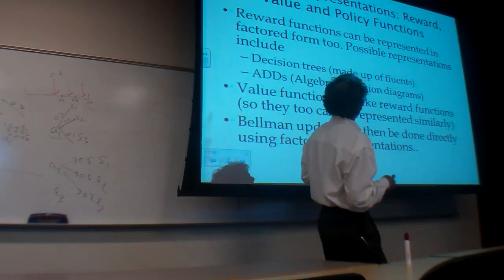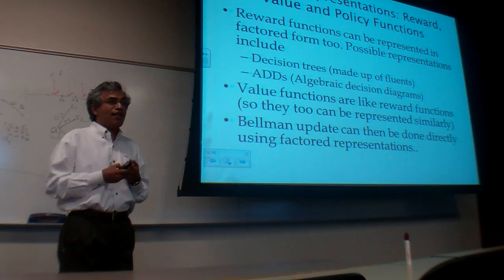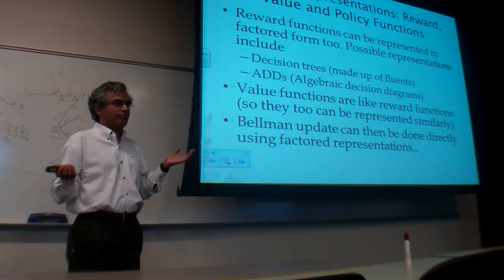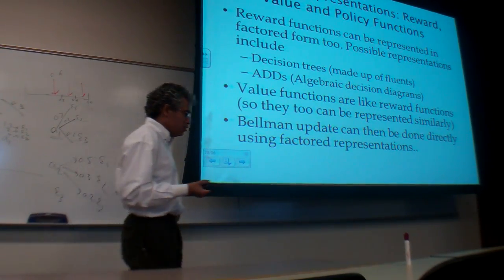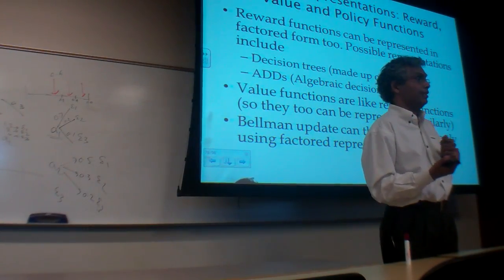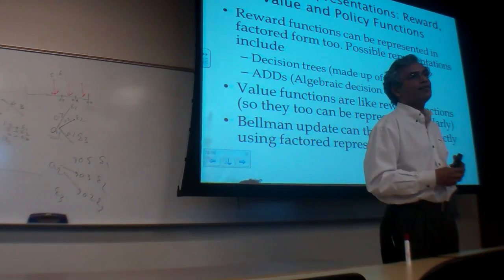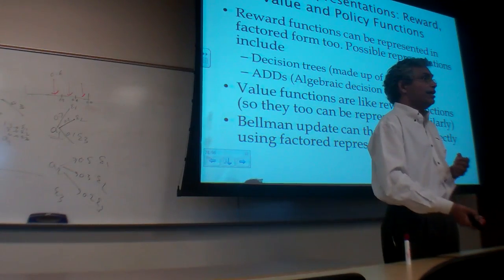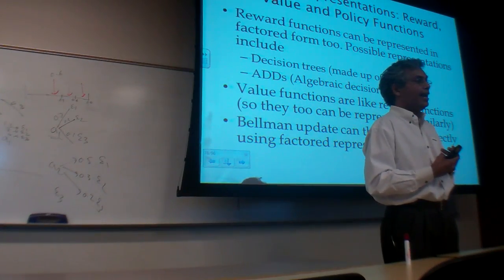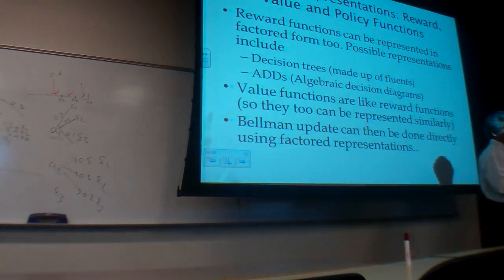That's for the actions. Now, you can also represent the rewards and the value functions as ADDs, because the value function of a state should be some function of the state variables of that state. This is a reasonable assumption, otherwise where is the value coming from? The state is defined completely in terms of the state variables, so if it has a value, it should be some function of the state variables. You could consider an ADD representation for the value function.